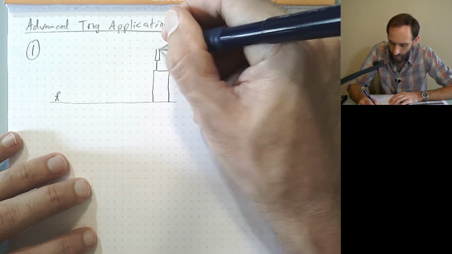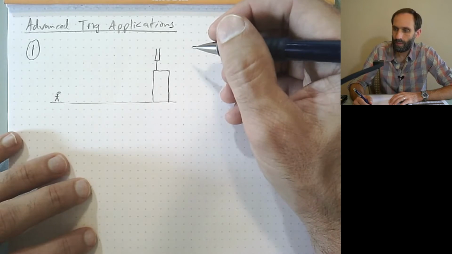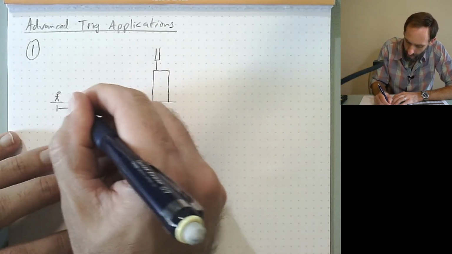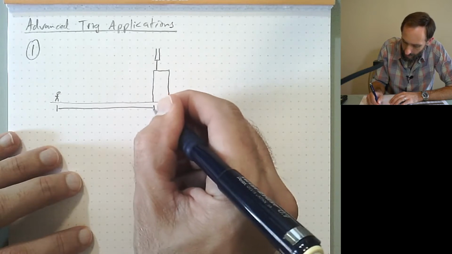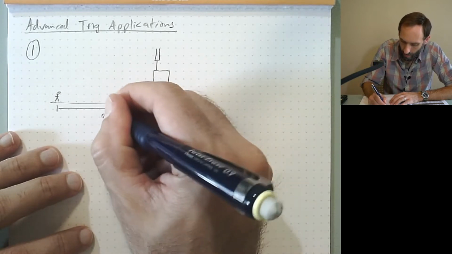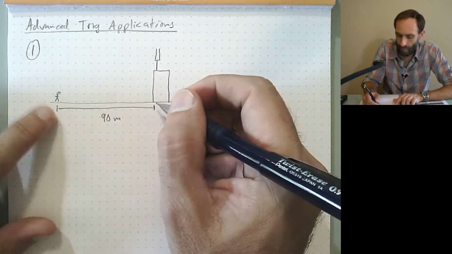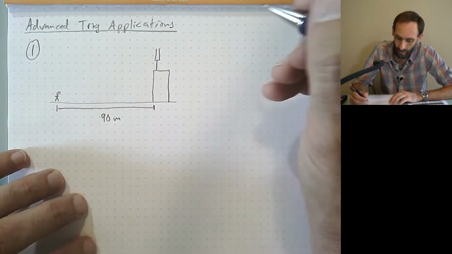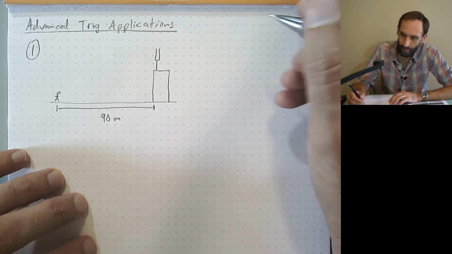The person is 90 meters away from the building below where the antenna tower is.